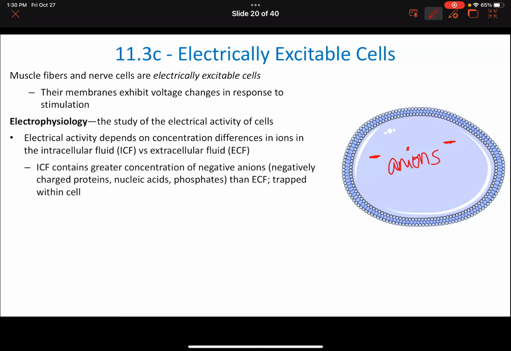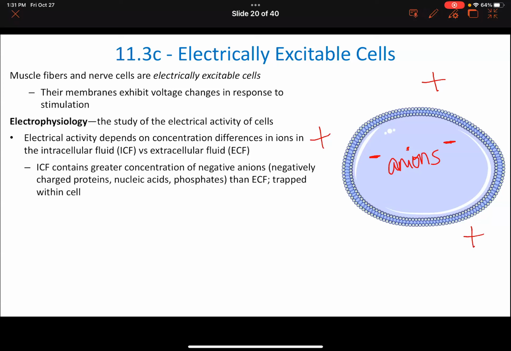If you recall, that's one of the purposes of the cell membrane, to control what enters and exits the cell. And so all of these components within the cell that cannot leave create a net negative charge compared to the extracellular fluid, which is positive. So you have more positive charges, or a more positive extracellular environment, than you do negative.